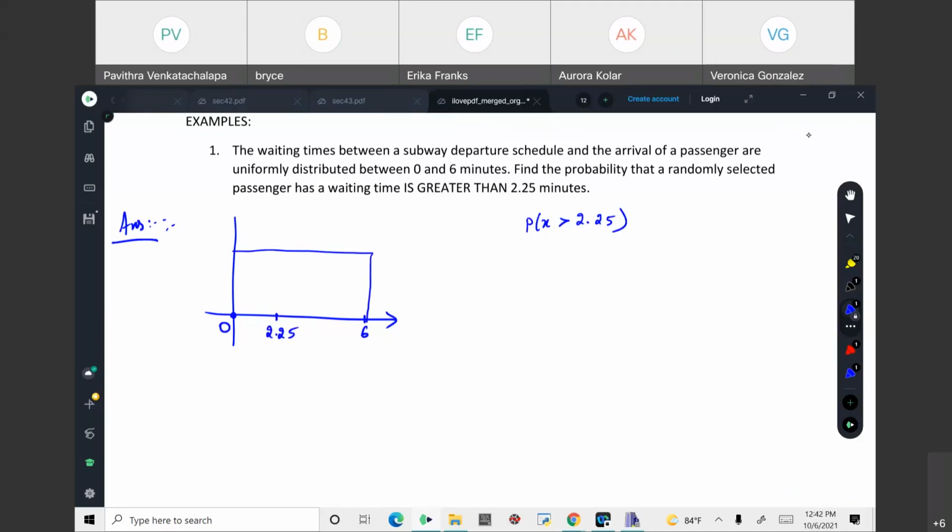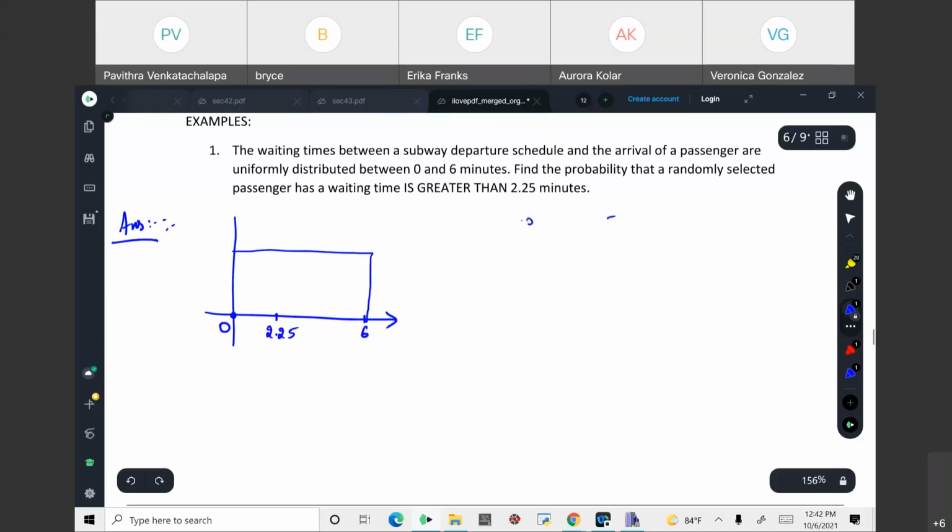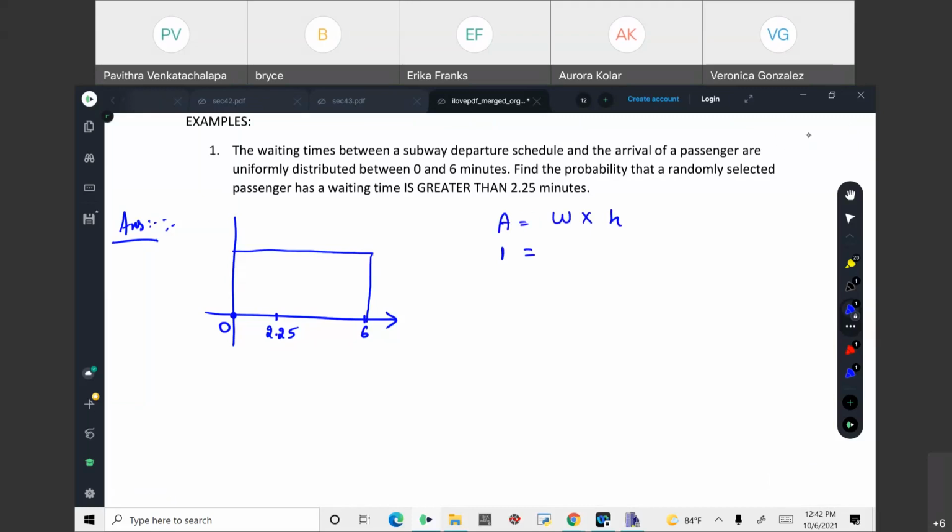Okay. Now, before I find this, I need to find the height of the rectangle. A is equal to width into height. Now, total area is always equal to 1. For all the examples, what is width? 6 minus 0.